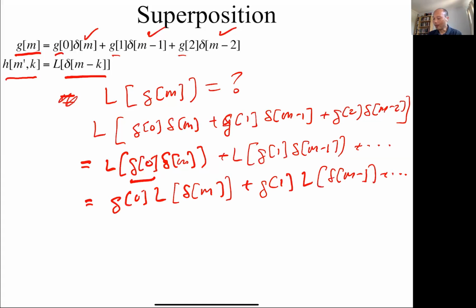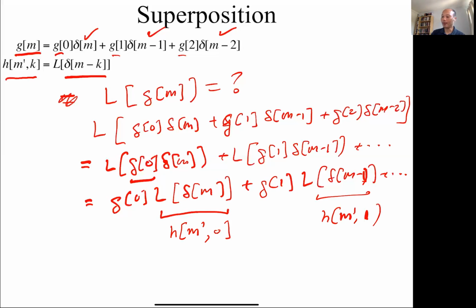Okay. And then remember, this now is just an impulse response, h of m prime 0. In this case, the input coordinate is 0. And similarly, this is the response h of m prime 1, because the Dirac is at 1.